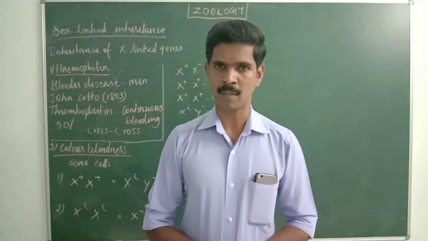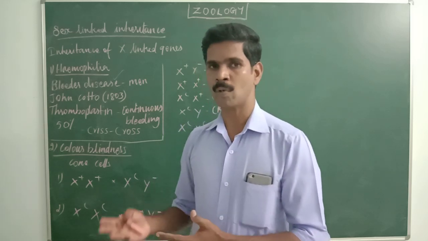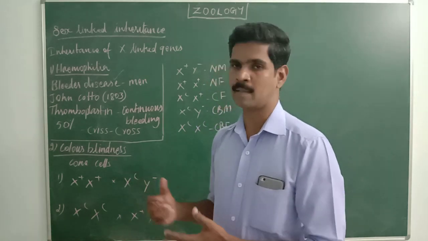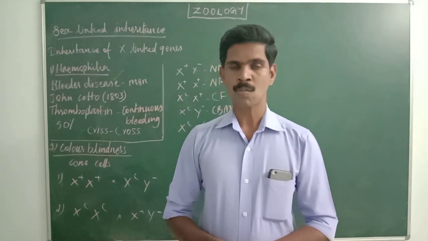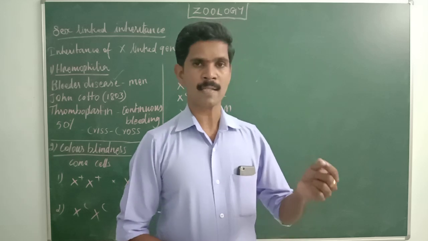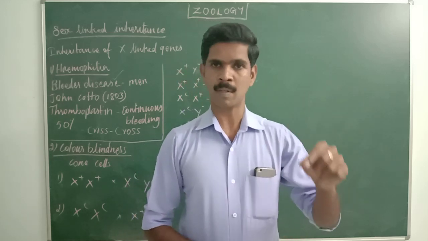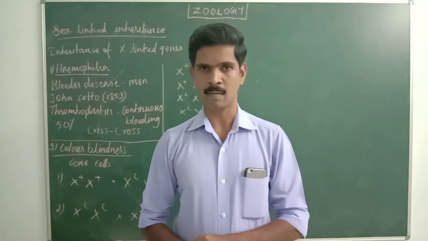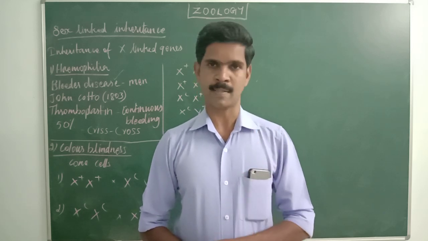Listen to the next point very carefully. Hereafter, we are going to study color blindness in detail. This disease is transmitted from the father or mother to their son or daughter by two types of marriage.